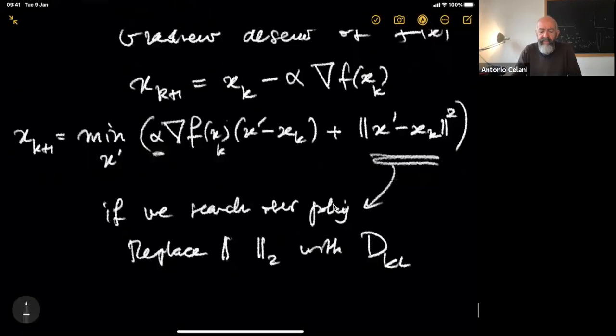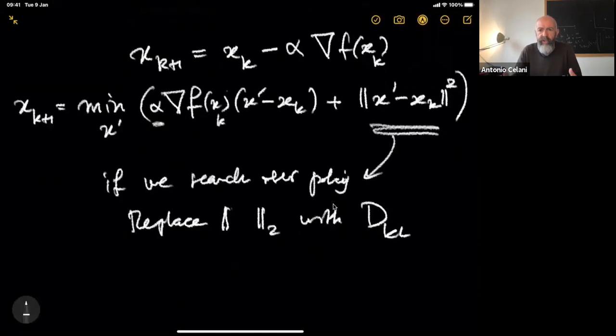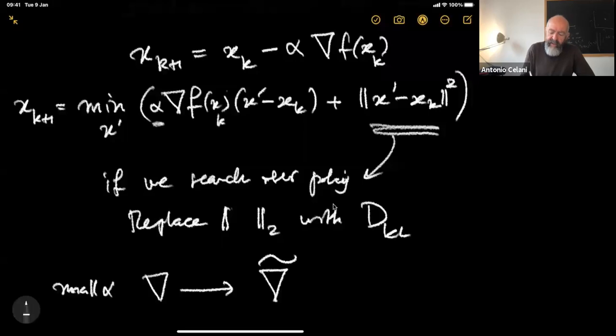So if you do that, in a way that I will not show, but it's a couple of lines of calculation, what you're actually doing is that you're replacing your gradient, for small alpha, with another object, which is called the natural gradient.